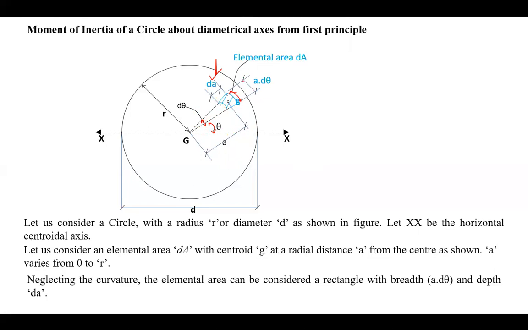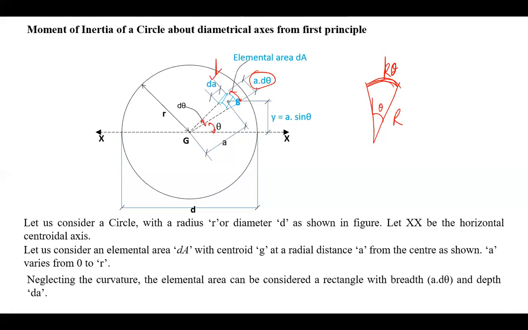In case of a sector, if r is the radius and theta is the angle, then the length of the arc is r theta. That is what we are applying here. If d theta is the angle made by the sector, the dimension will be A into d theta.